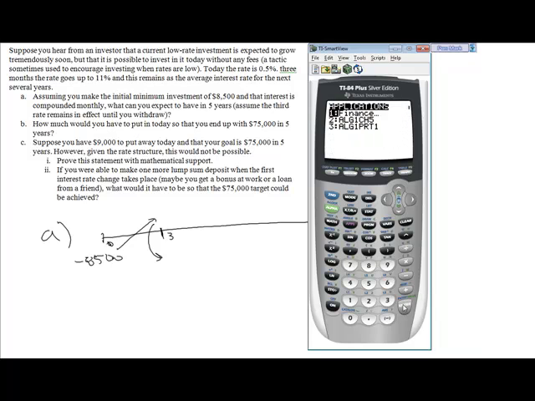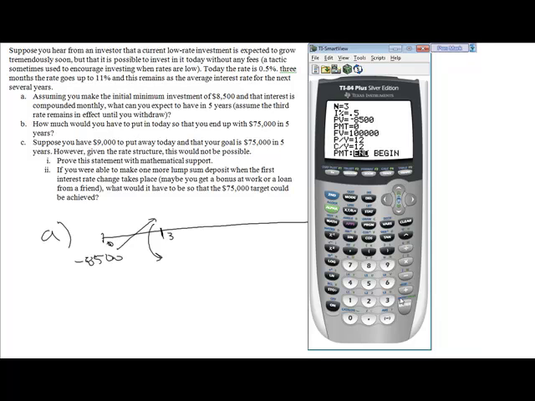So I'm going to go to my TVM Solver, and I'm going to set my N to be 3, since it's 3 months. The interest rate is 0.5%. Initial deposit is $8,500. No payments. We're going to calculate the 3-month future value, and the compounding periods are monthly, so we'll leave those as 12.